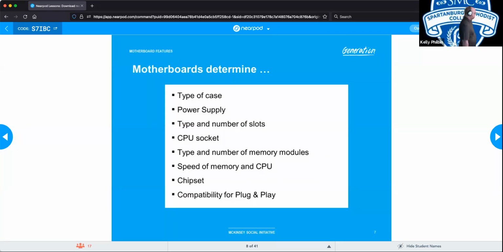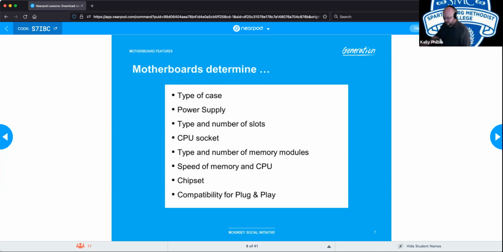So the motherboard itself, your selection of motherboard, will determine what type of case you can use. Again, like we were just saying, you cannot put an ATX in a micro ATX case, but you can go the other way. You can put a micro into an ATX. It determines what kind of power supply you can use, what needs it has.